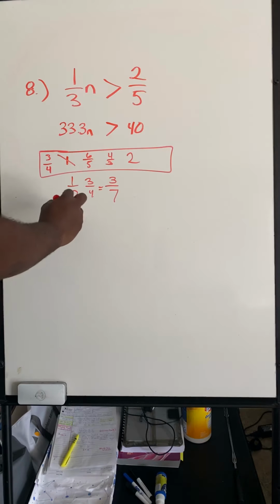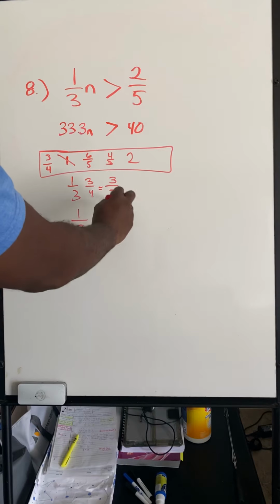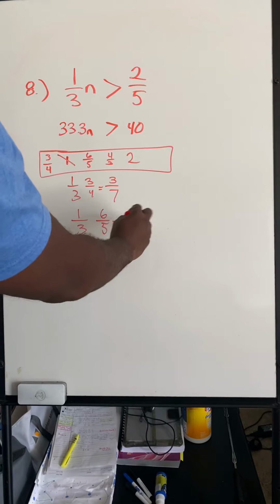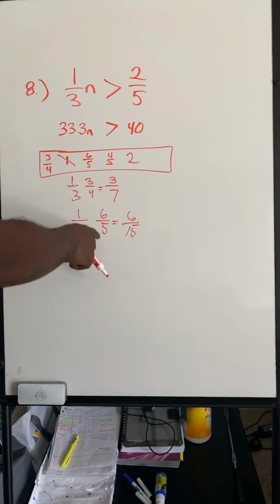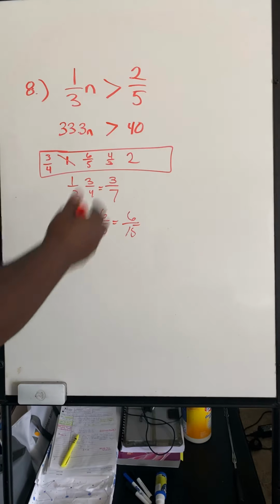6/5. So if I multiplied 1 over 3 times 6 over 5, I get 6 over 15. And if I were to simplify that, I already know, just because I'm looking at 6 over 5, that this would not be equivalent. So, but it's a little complicated.